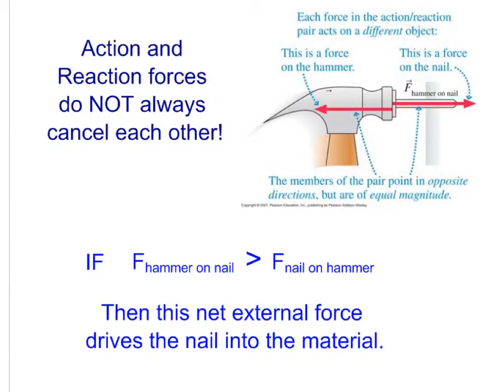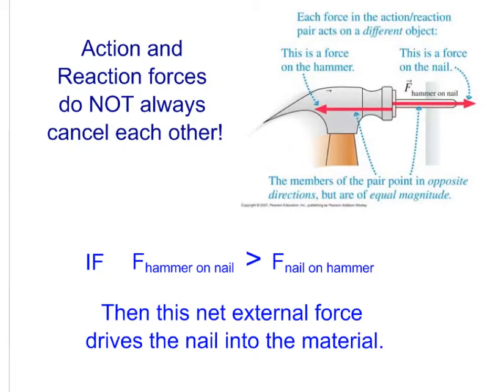Action and reaction forces do not always cancel each other out. So here's an example. What if we have a hammer? Hammer is exerting force on a nail, this direction. The nail exerts a force on the hammer, this direction. If the force of the hammer on the nail is greater than the force of the nail on the hammer, the nail will be moving this direction.